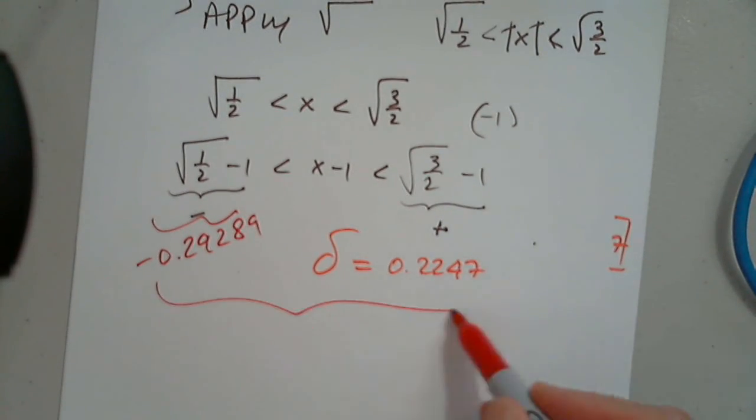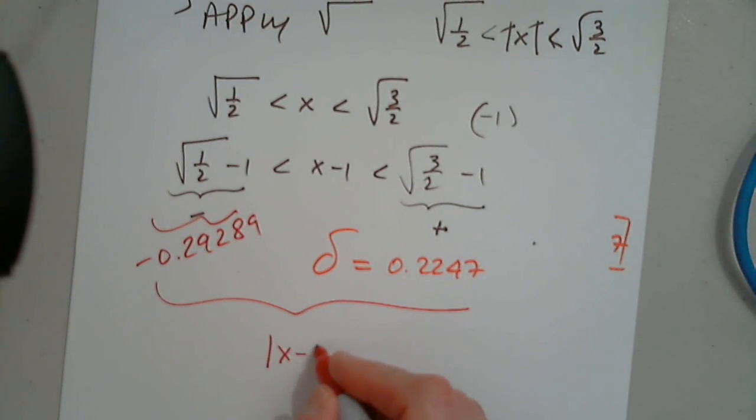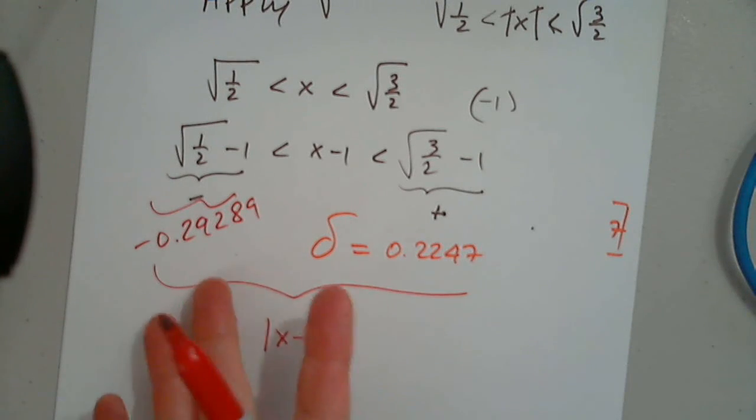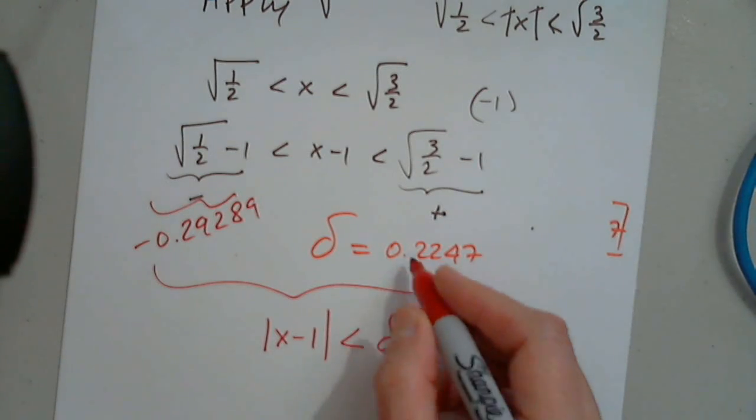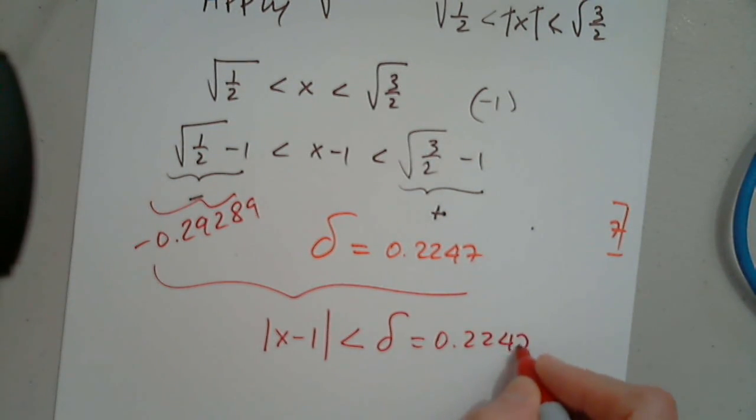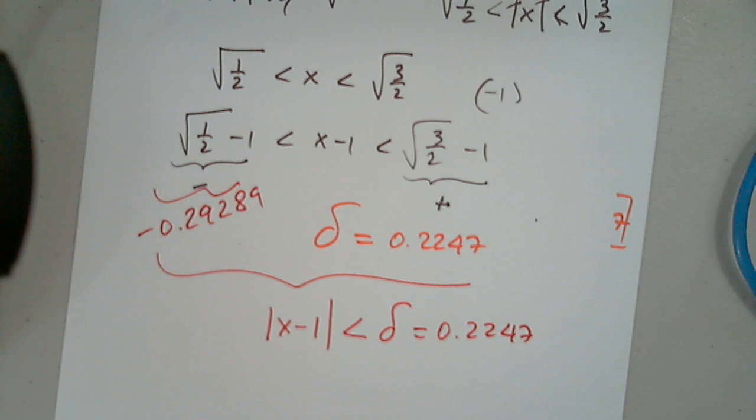But we have to write this as the absolute value of x minus 1. And I have to choose the smaller of the two. So this one will be disregarded anyway. So it's less than delta, which is 0.2247. Any questions?